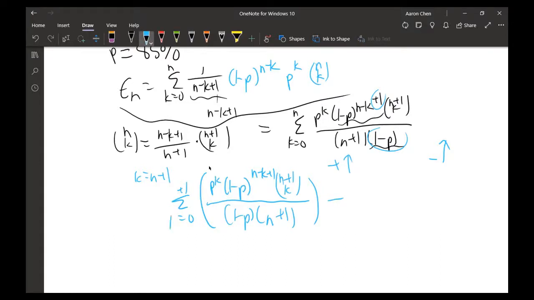When k equals n plus 1, the end result is p to the power of n plus 1 in the numerator, and the denominator is the same because it does not depend on k at all. That's because this simplifies to 1, and this also simplifies to 1 when k equals n plus 1. So it equals this sum.